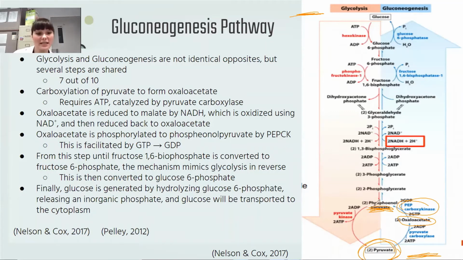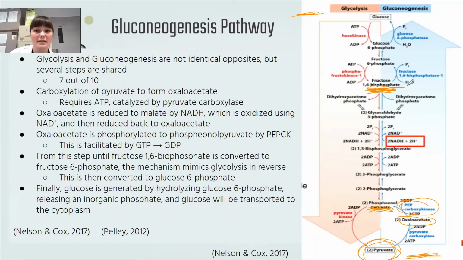And then from here up until that fructose 1,6-bisphosphate is converted to fructose 6-phosphate up in this region, the mechanism ultimately in the middle is very much the same as glycolysis, just in reverse. So up until you hit here, that is pretty much the same.